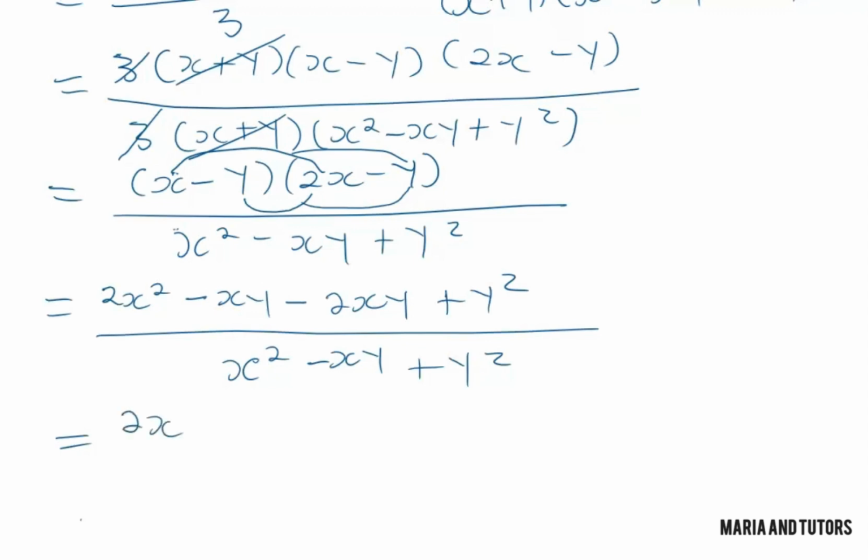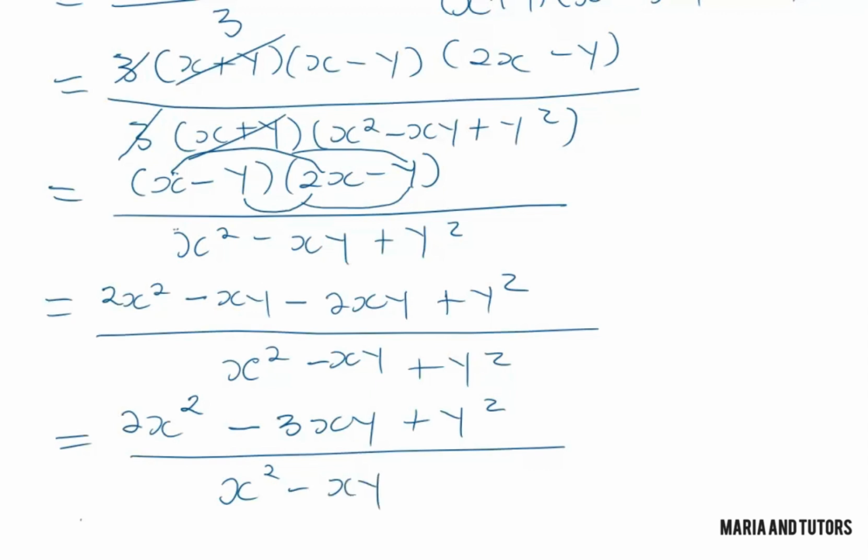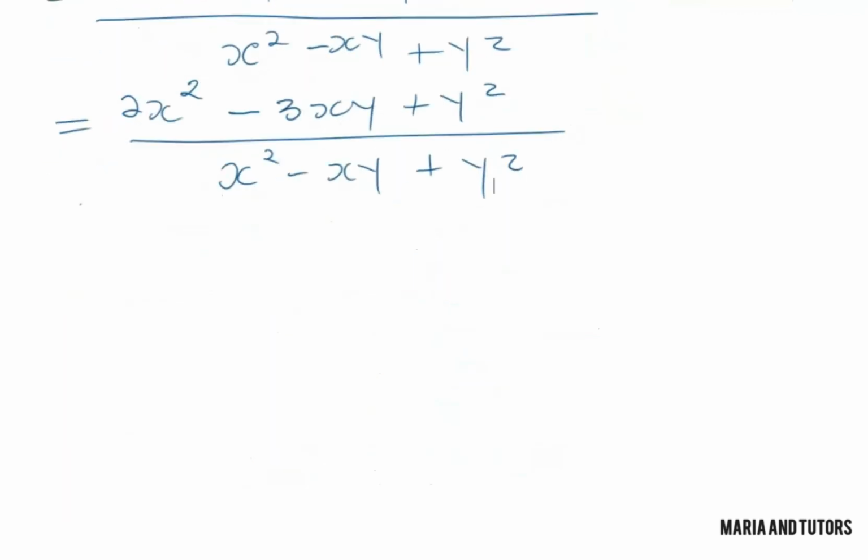We're going to have 2x², negative xy minus 2xy is negative 3xy, plus y², all this divided by x² − xy + y². So this is how you simplify your expression.